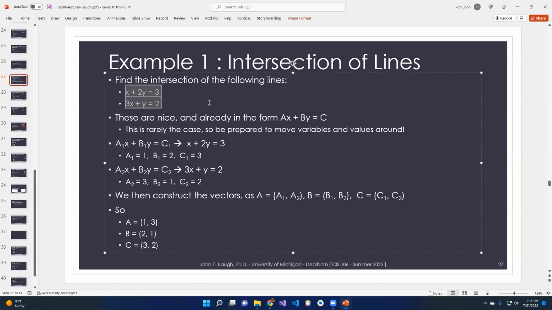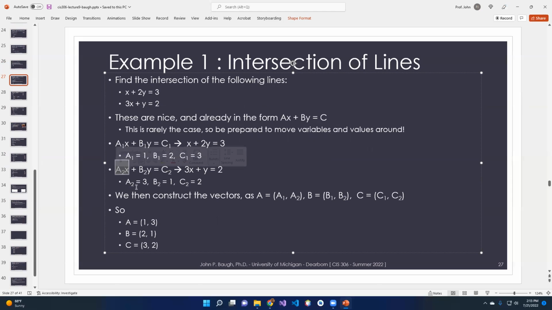Okay, so let's figure this out. Let's say we're given 2 lines here. These just happen to be in the form we need them, because they're already in the ax plus by equals c form. So we can just get those values. The first one is a1 is 1 because it's implicitly in front of the x here. And then we have b1, which is the 2 in front of the y, and then c1 is the 3. We also get the corresponding a2, b2, and c2.